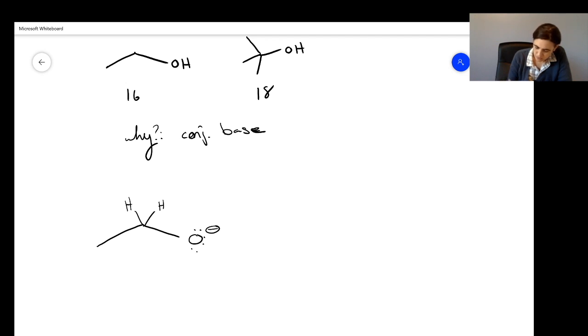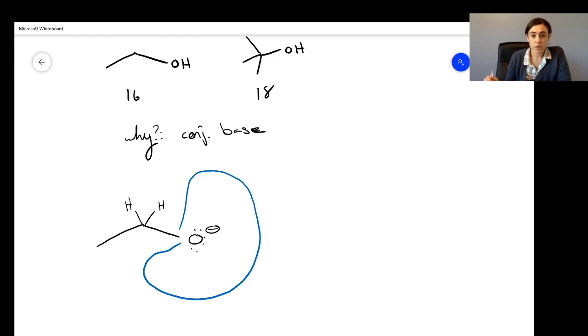Draw it a little differently. To interact with the solvent, right? So it can hydrogen bond in all of these directions.